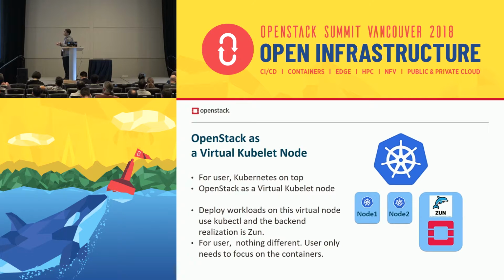OpenStack will be the backend driver for running containers. Users can deploy their common workloads with kubectl, just as they used to do, and for users, there's nothing different. They just need to specify the workloads to this virtual Kubelet node, and then run the workloads all the same.